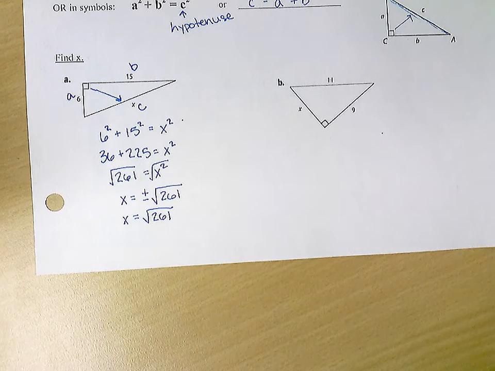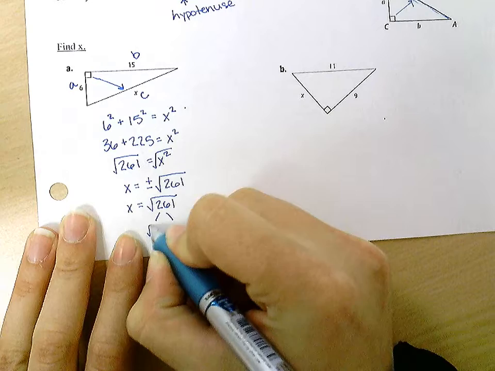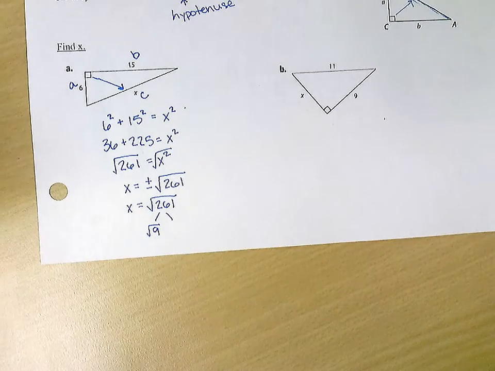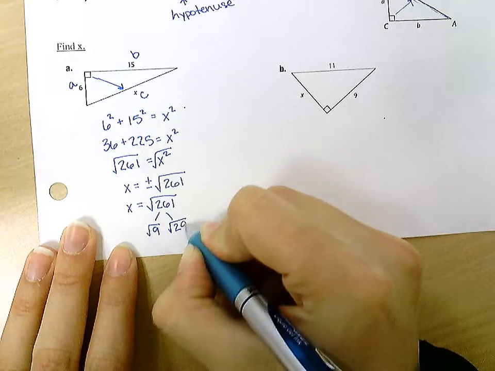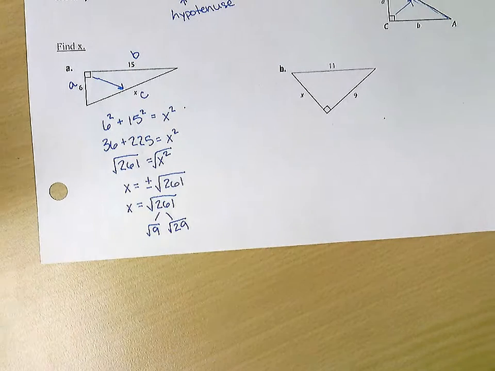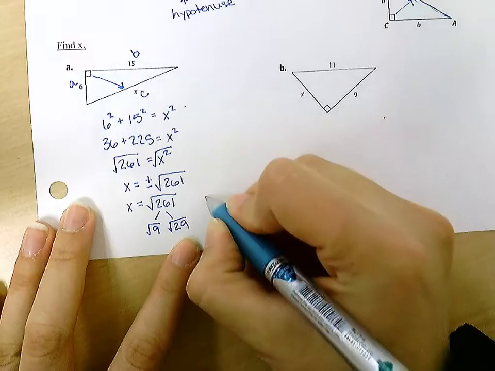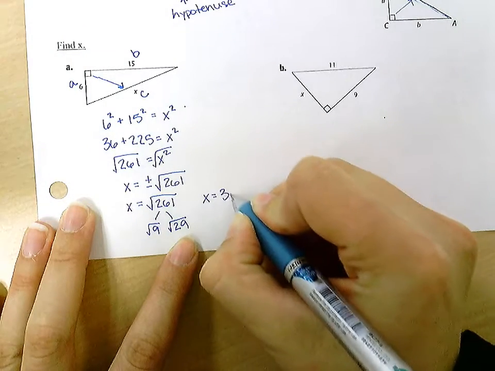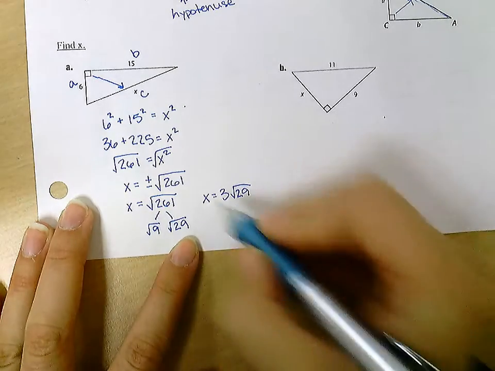When I did that, this does split into the square root of 9 and the square root of 29. So 261 can divide by 9 there. So I can take the square root of 9. It is 3. And I'll leave the square root of 29 as it is.